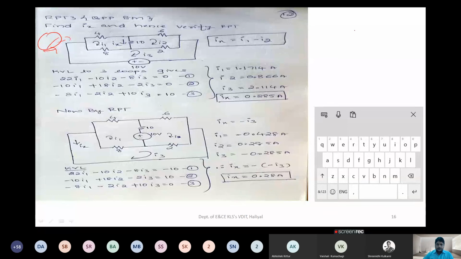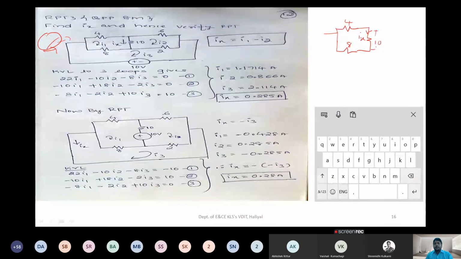Can I write the circuit like this? Just check. Here we have 4 ohm resistor. Here we have 8 ohm resistor. And this is a 10 ohm resistor. The Ix current is given like this. It is moving from top to down.